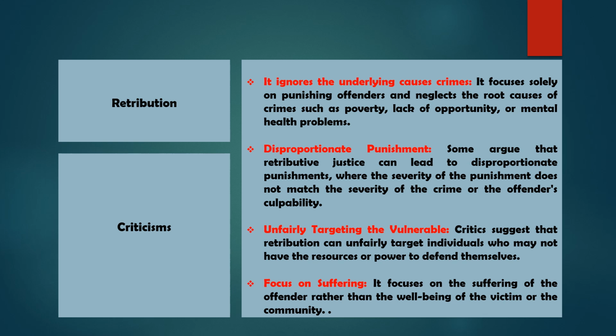This type or approach to punishment has certain limitations, or what we call certain criticisms. One of the most outstanding criticisms that has been advanced against retribution as a form of punishment is the fact that it ignores the underlying causes of crimes. It's assumed that crime does not occur in a vacuum. There are certain factors that trigger their occurrence, and therefore it is important that such factors are focused on.